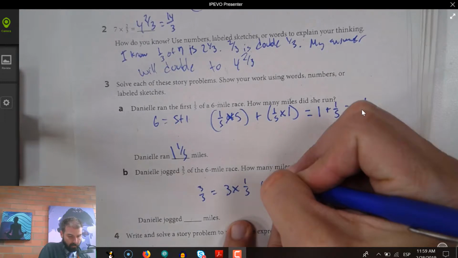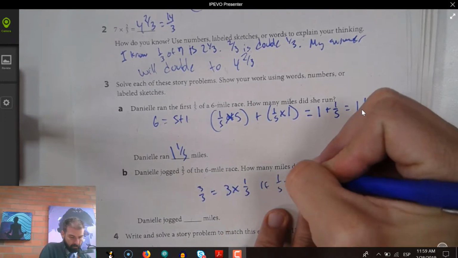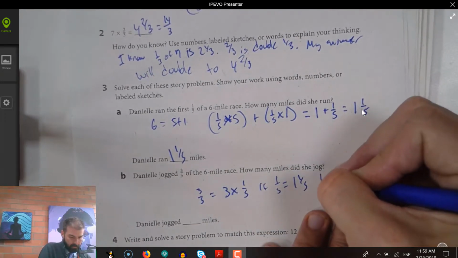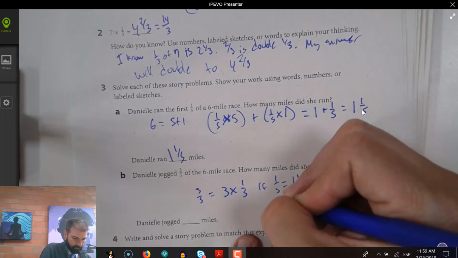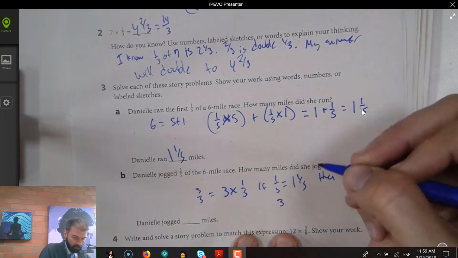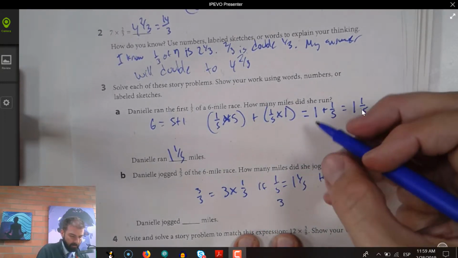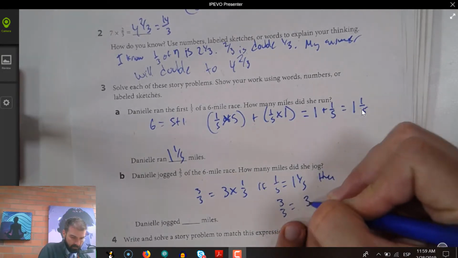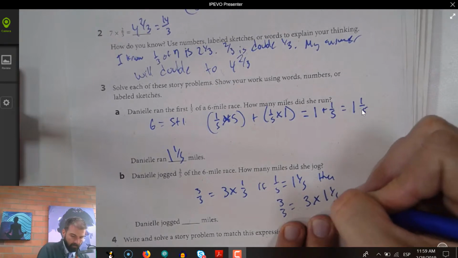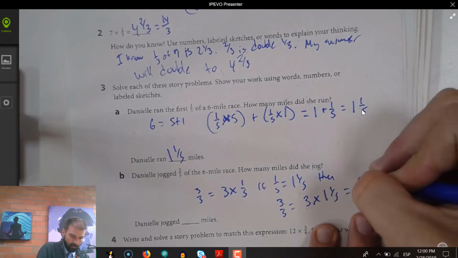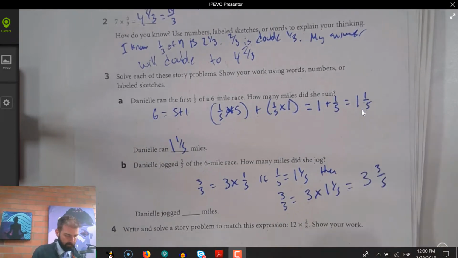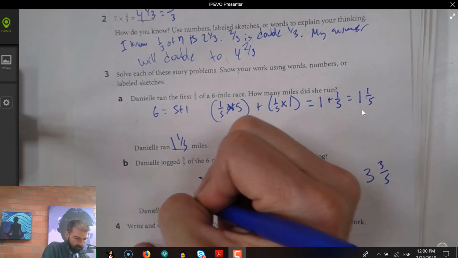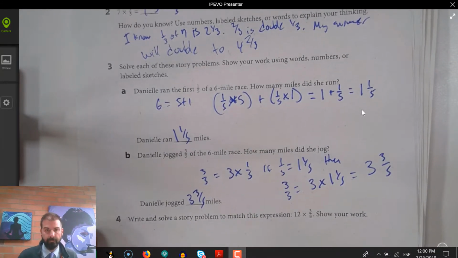So if 1/5 of 6 equals 1 and 1/5, then 3/5 equals 3 times 1 and 1/5. That gives me 3 and 3/5. So I'm just tripling it.